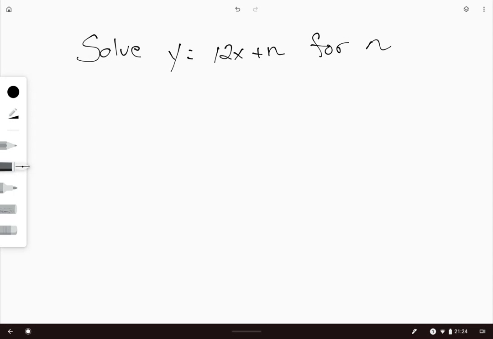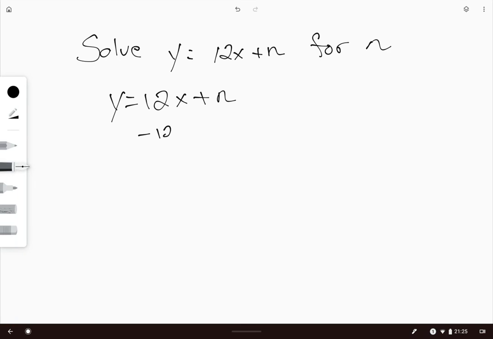All right, so again, I just want to isolate n by itself. So when I look at this particular literal equation, 12x is an expression. And since it's an expression, I'm going to treat it as one singular term. So it's a positive expression.